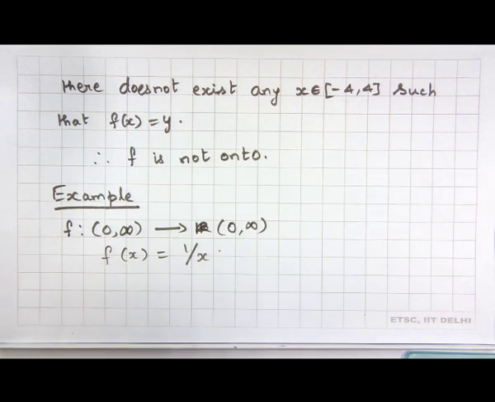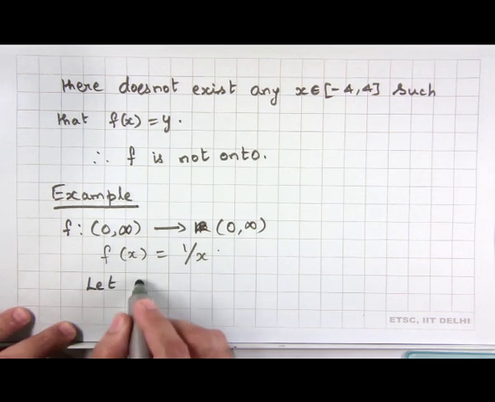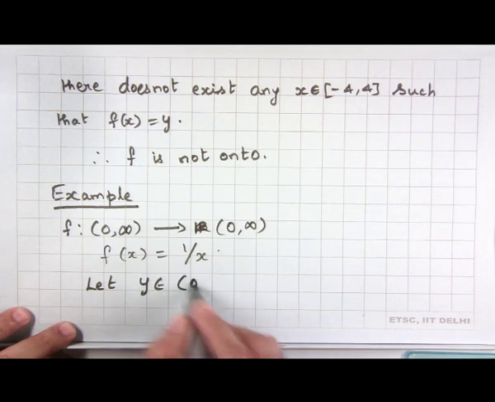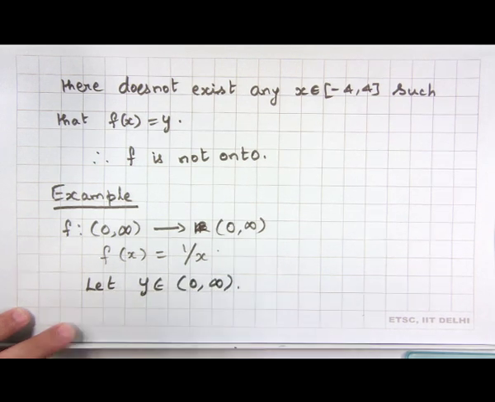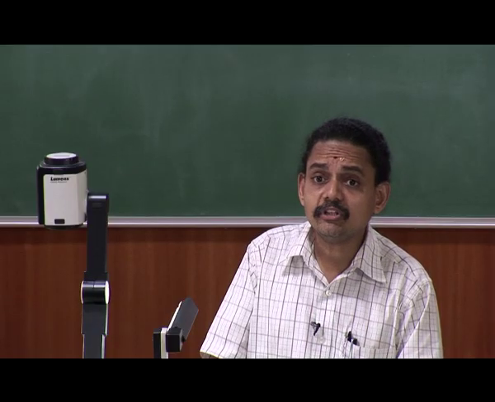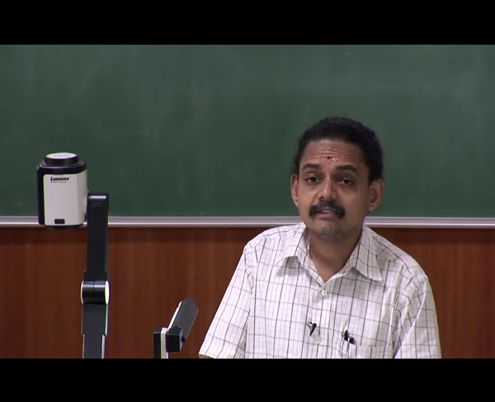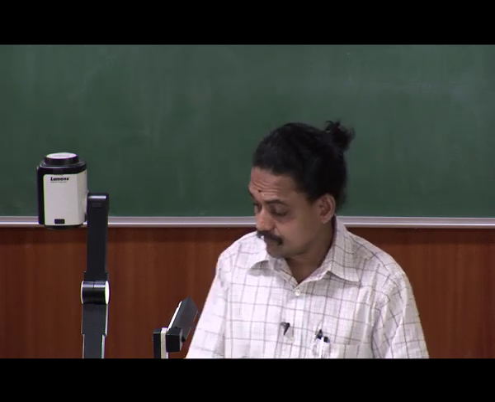Now, is this an onto function? Let y belong to 0 comma infinity. So, this is our codomain. So, let us choose an element y from the codomain. Now, we will have to produce an element x from 0 comma infinity such that f x is y.